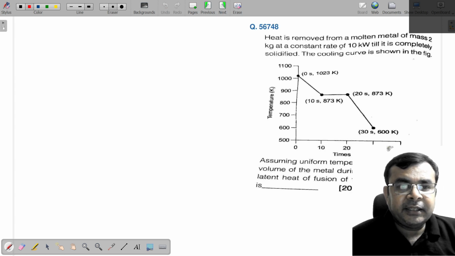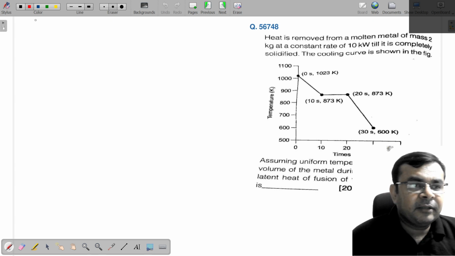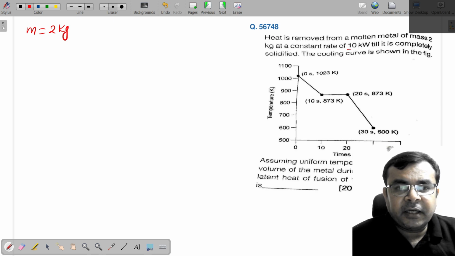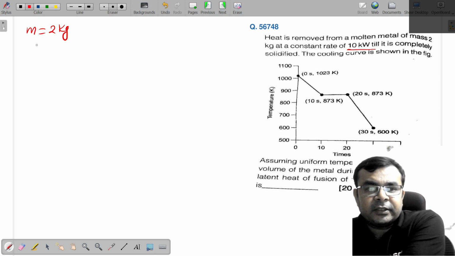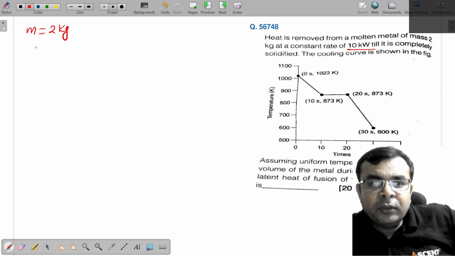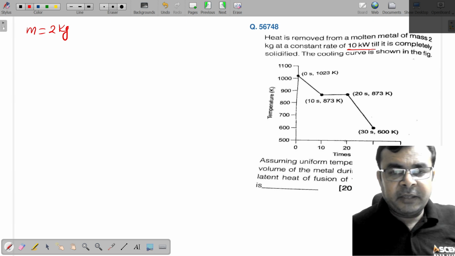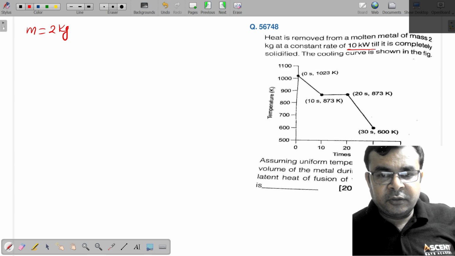Okay, so next, heat is removed from the molten metal of mass 2 kg. Here the mass is given, at a constant rate of 10 kilowatt till it is completely solidified. The cooling curve is shown in the figure, assuming uniform temperature throughout the volume of the metal during solidification.